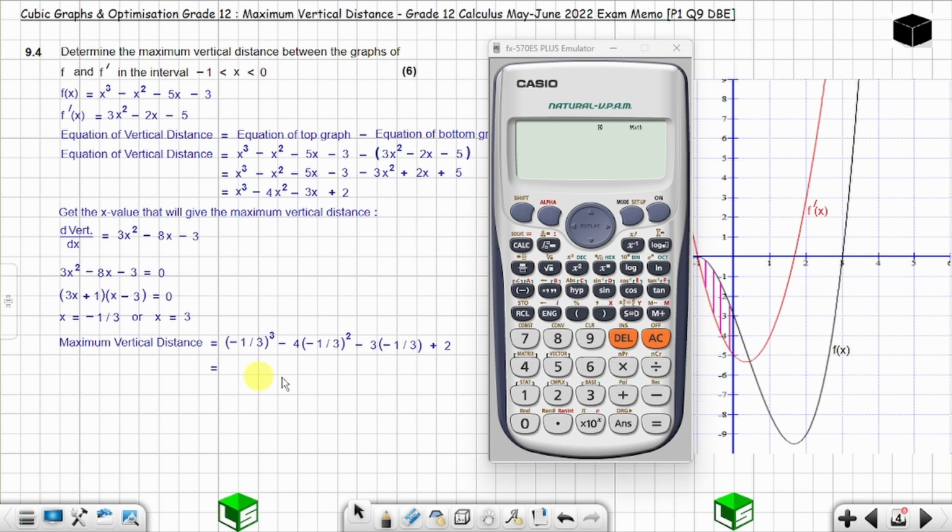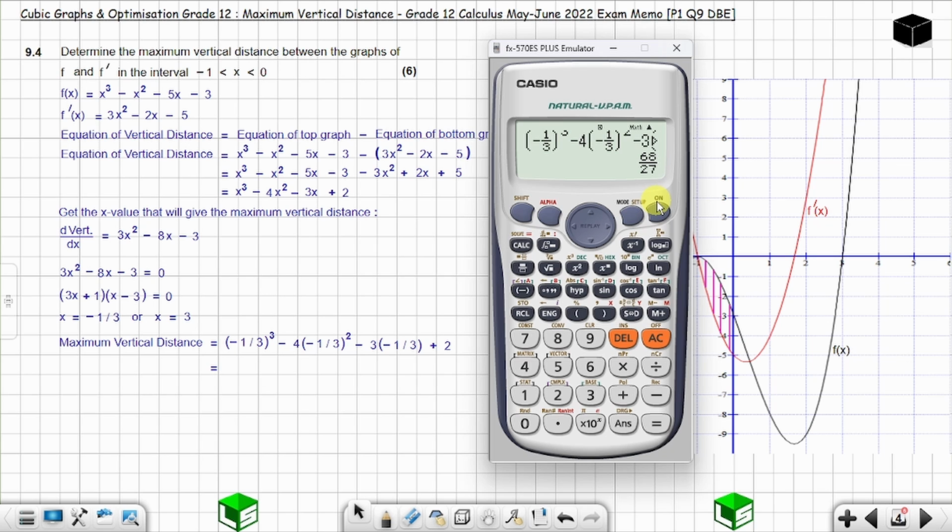So you have negative 1 over 3 to the power of 3, minus 4 times negative 1 over 3 to the power of 2, minus 3 times negative 1 over 3, plus 2.